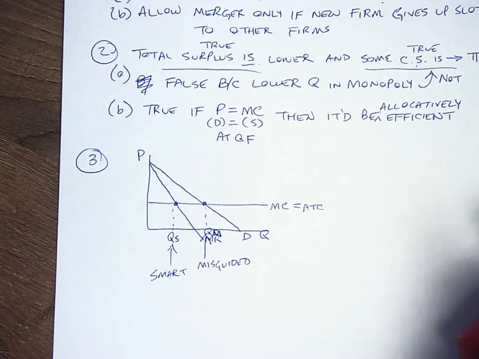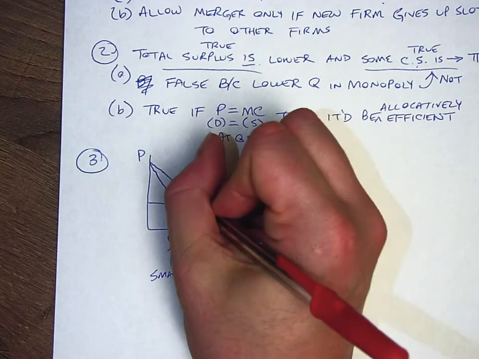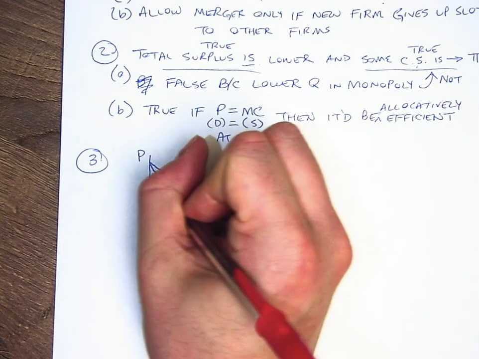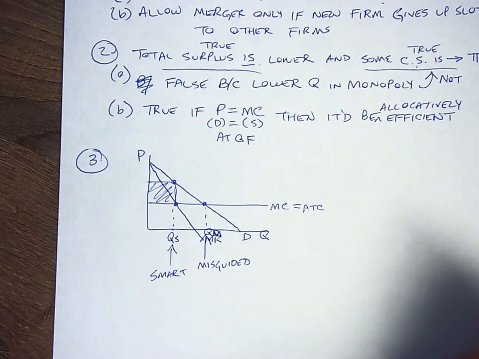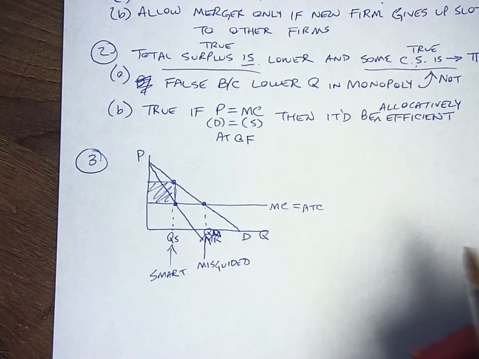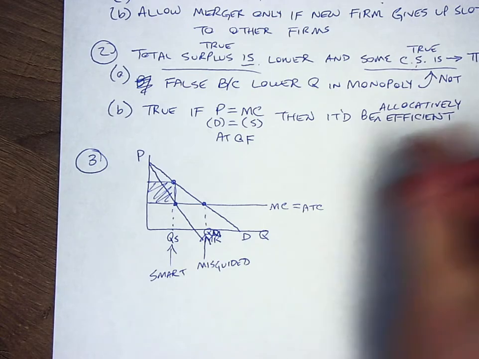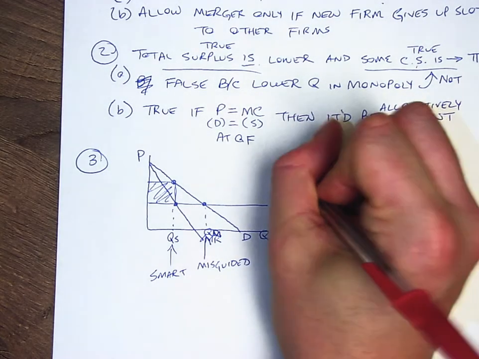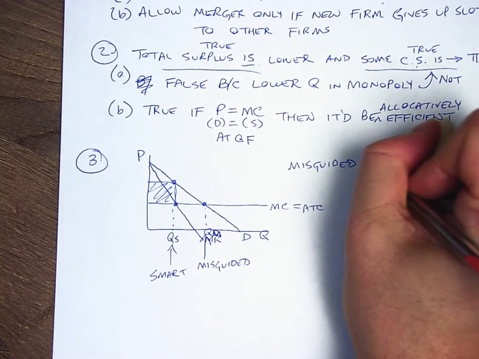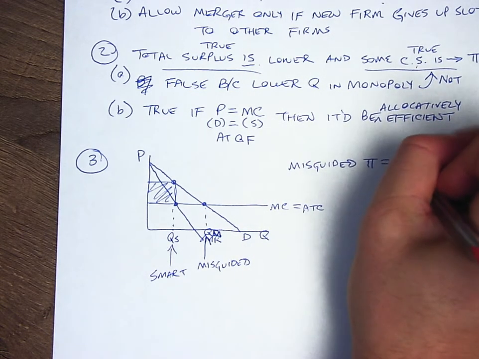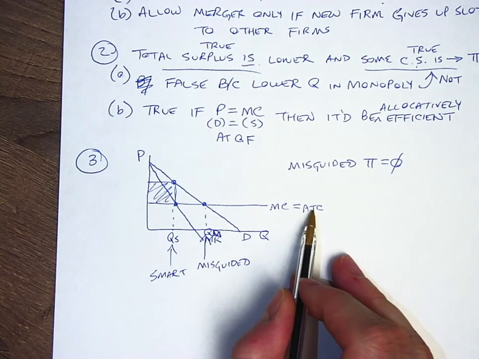And then the profit for the smart one is just here. And then let's see here, for this one, that's the interesting part. The level of profit for the misguided one is profit equals 0, because they're pricing at the ATC.